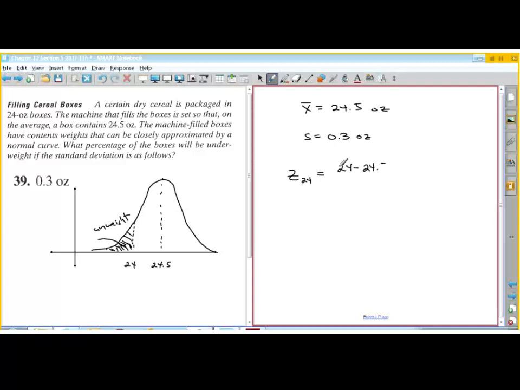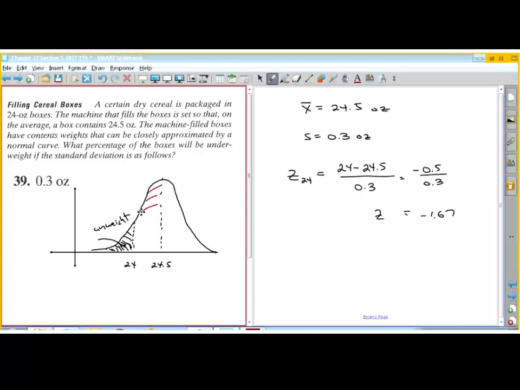The z-score associated with 24 is 24 minus 24.5 divided by the standard deviation. So you're going to have negative 0.5 divided by 0.3, which is negative 1.67. That's the z-score I'm going to use to find this area, and then I'm going to subtract that from 0.5.